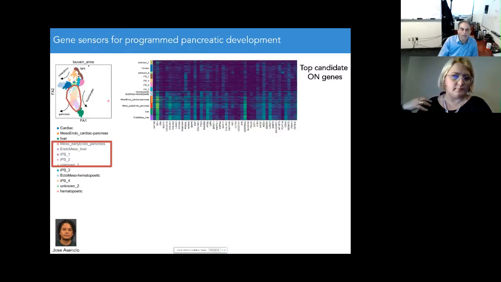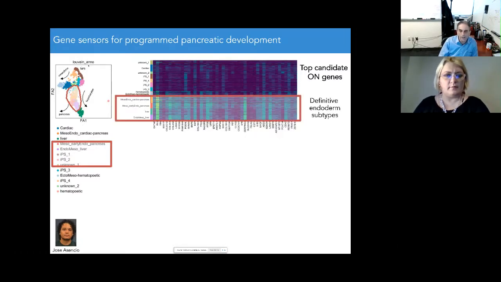On the columns there, each column represents a specific gene, one of thousands of genes that Jose analyzed. And on the rows, we see different cells classified by specific lineages. And so these are the lineages which define the endoderm. And you can see there's lots of different lineages.